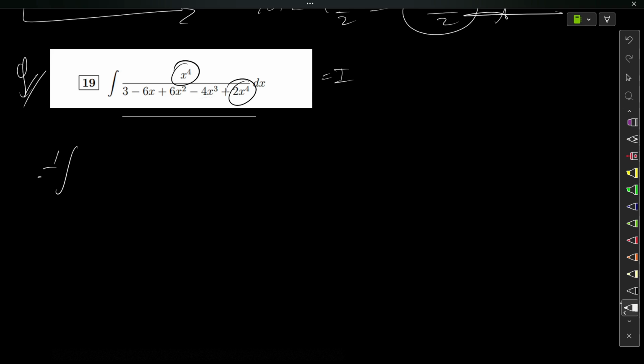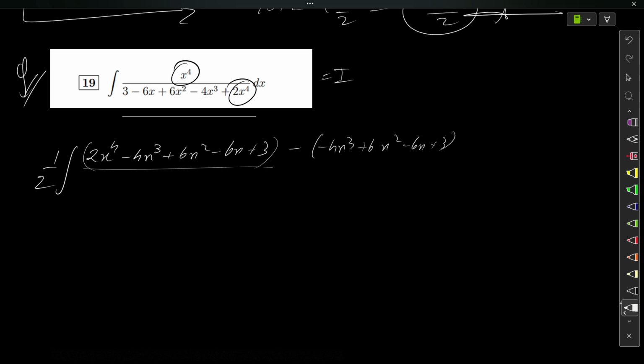So integral half. Why am I subtracting half? To make it the same on both sides. So I'll write it down: 4x cubed plus 6x squared minus 6x plus 3. Now I need to pay the debt that I have taken from here. So this would be minus 4x cubed plus 6x squared minus 6x plus 3, divided by 3 minus 6x plus 6x squared minus 4x cubed plus 2x to the power of 4, with respect to dx.